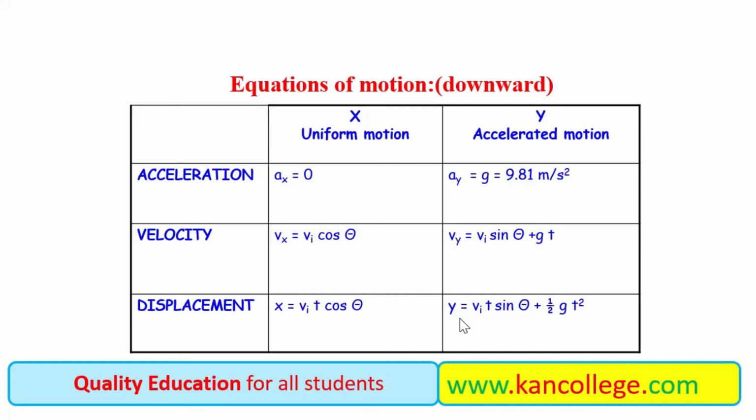And the displacement, by putting the value of Vi sine of theta equal to 0, as the initial velocity during the downward motion is 0, the displacement covered by the projectile during the downward motion from the highest point will be equal to half gt square.